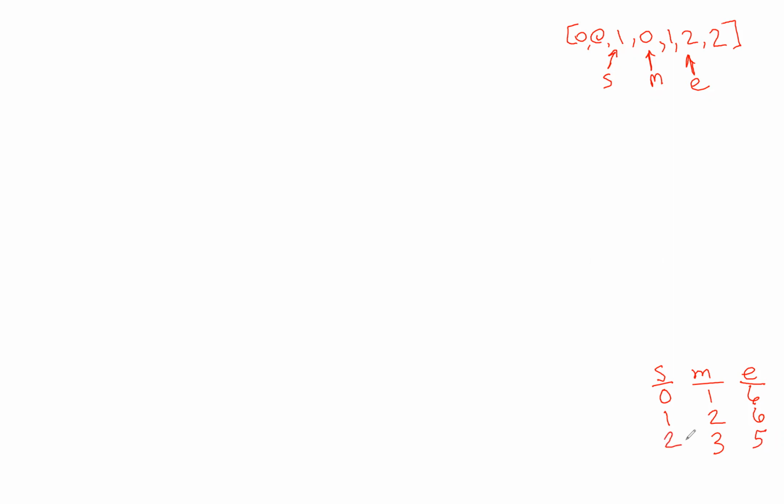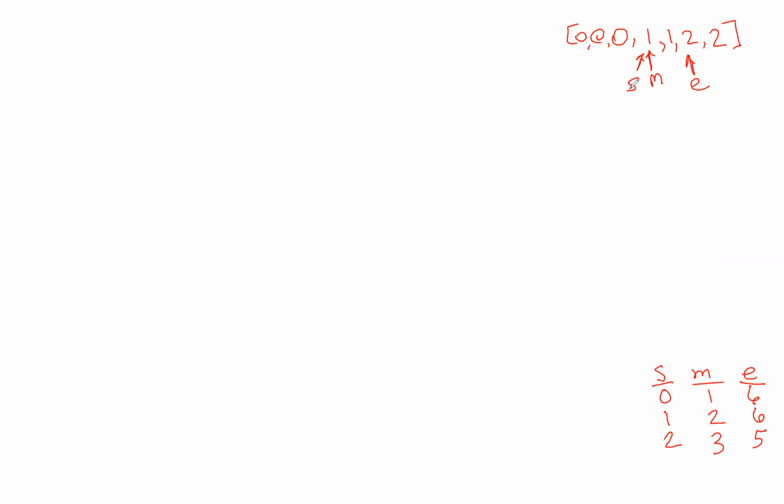We go again and look at M, it's 0. Is 0 greater than the 2 that E's at? No, it's not. Is 0 less than 1? Yes, it is, so we swap them. M is now 1, S is at 0. Then we ask, is S at 0? It is, so we move it to here.